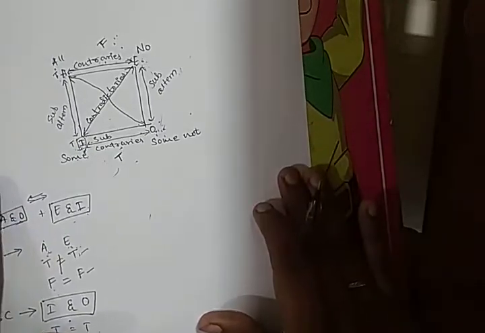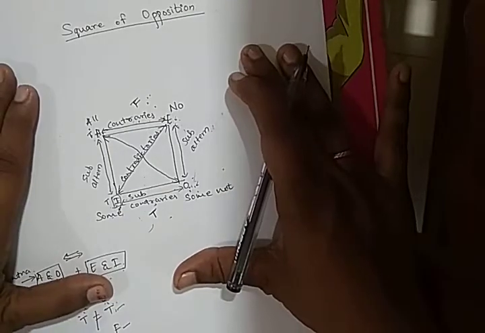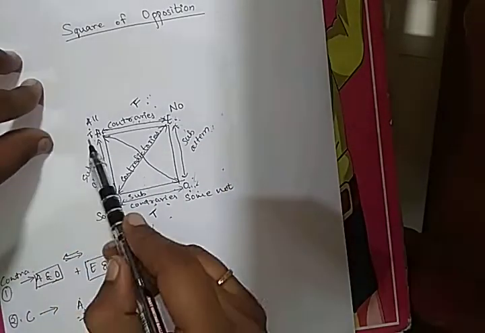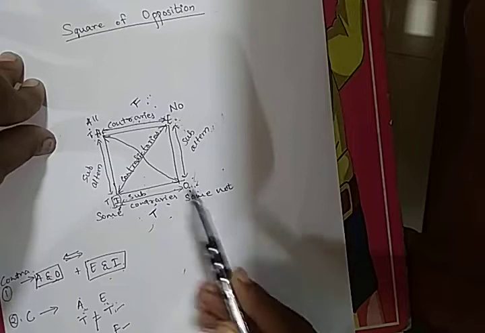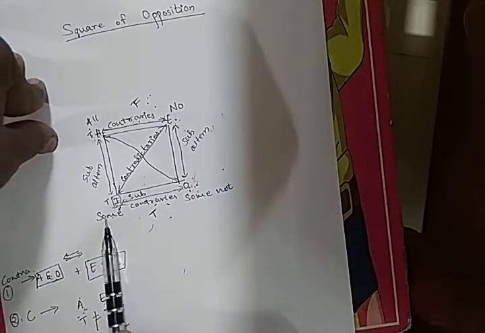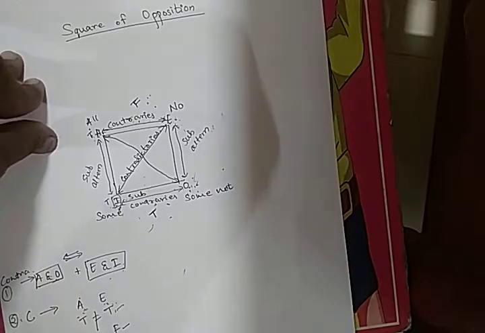I hope you have got some idea about this square of opposition. On summarizing, I'll tell you from the beginning. There is a square. At the four corners, there are four things: A, E, I, O. A is all, E is no, I is some, O is some not.